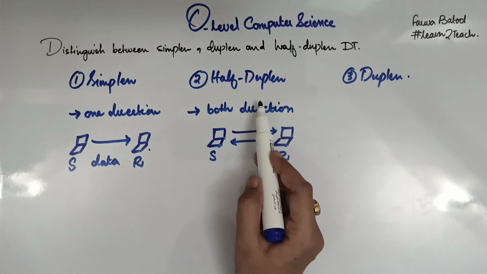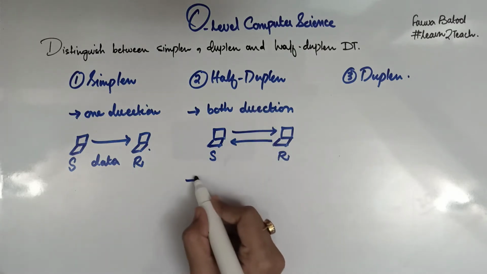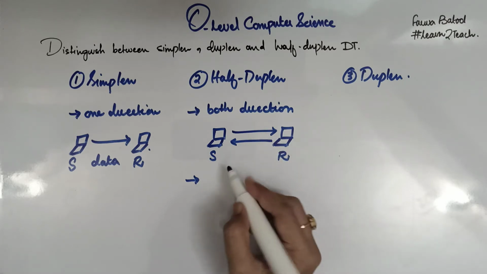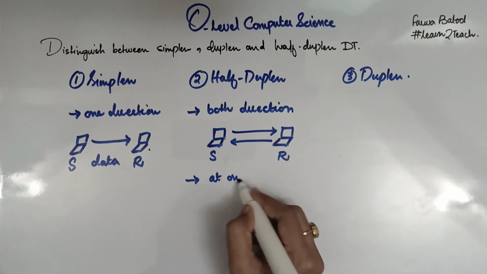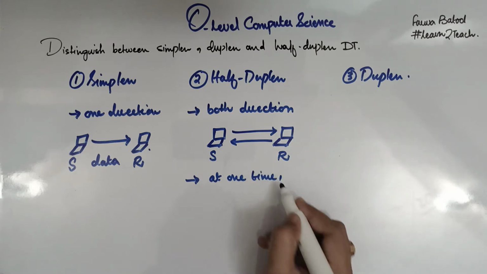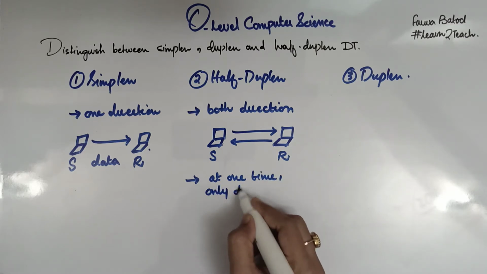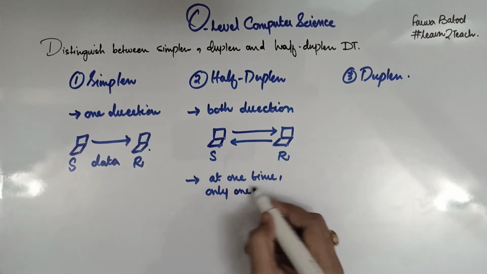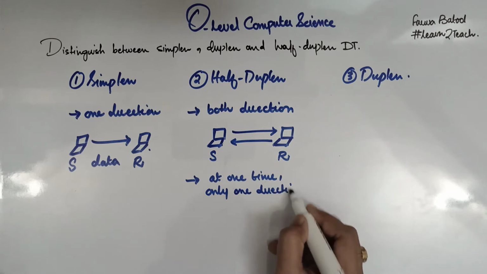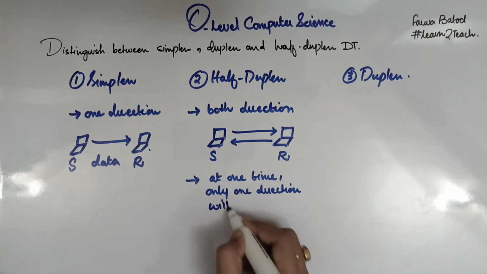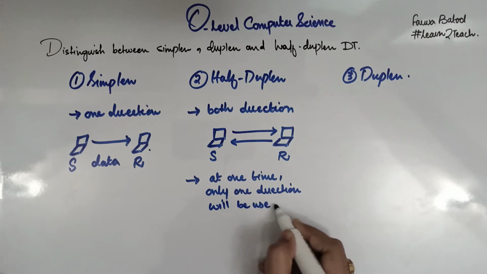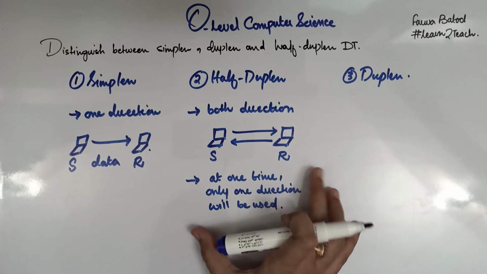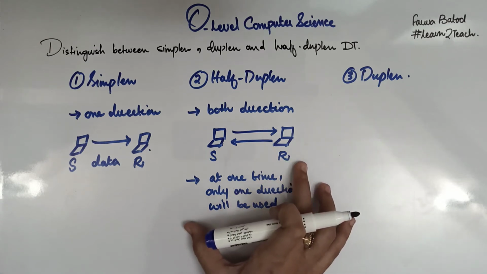One important thing is that you can transmit the data in both directions, but at one time only one direction will be used.